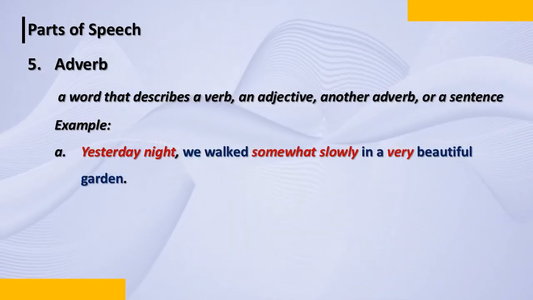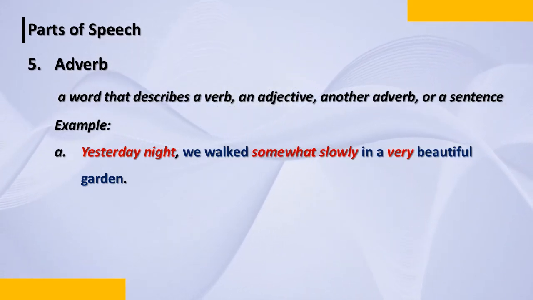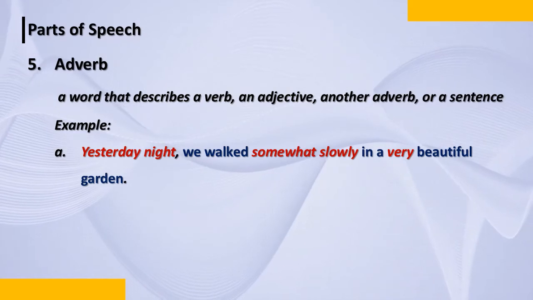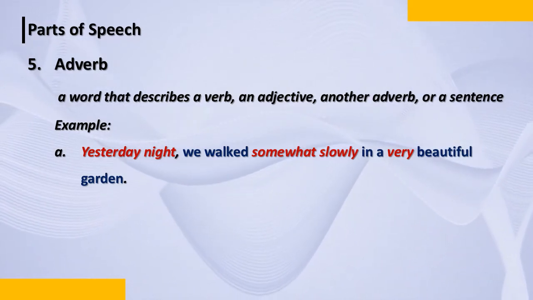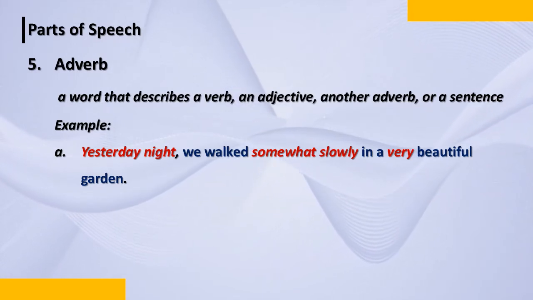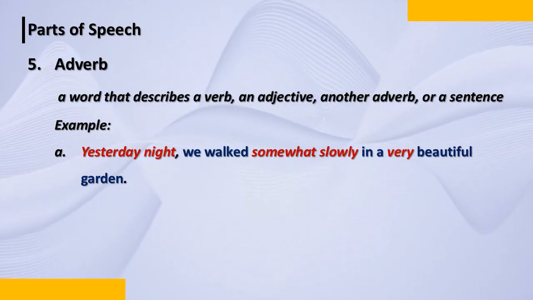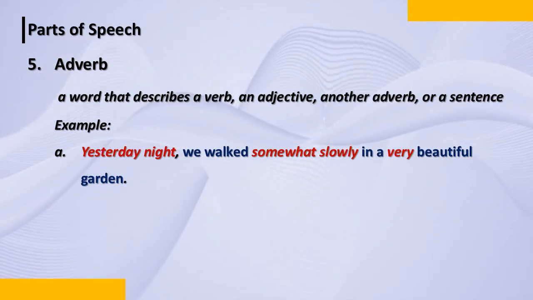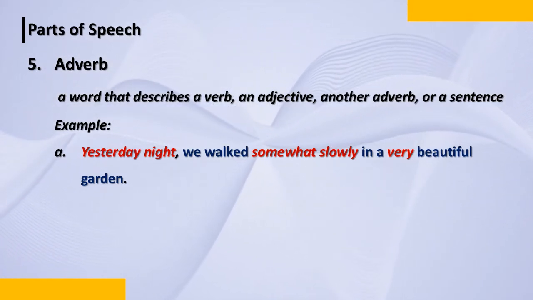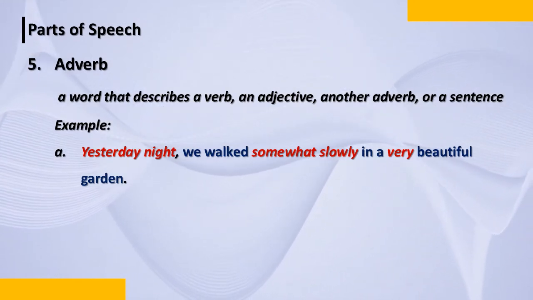Now, adverb. What is an adverb? The fifth one. A word that describes a verb. In the previous case, we said adjective, which is describing something. So here, an adverb describes a verb, and it can also describe an adjective, another adverb, or a whole sentence.